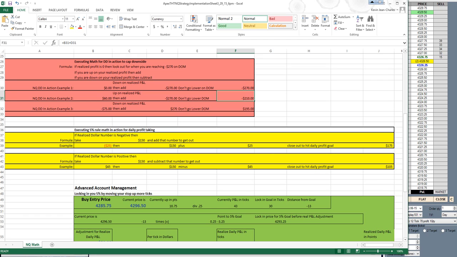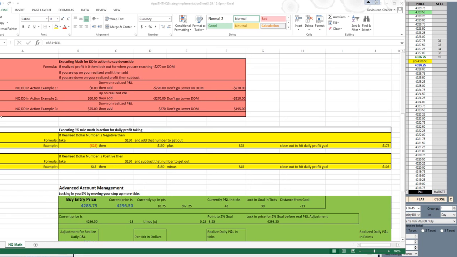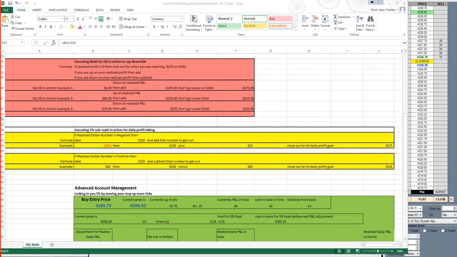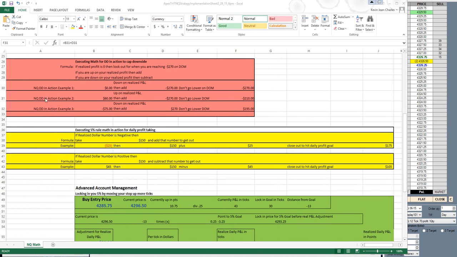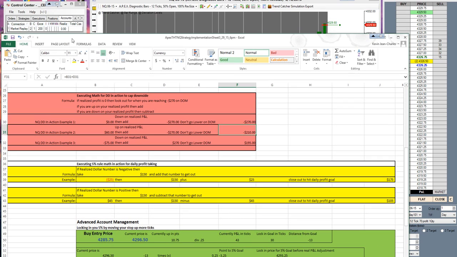I'll say that one more time just to keep it clear. If I'm trading and I'm down $25, it's negative $25 right there, then I'm just going to add 150 plus 25.